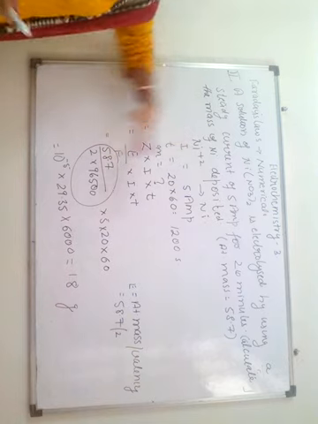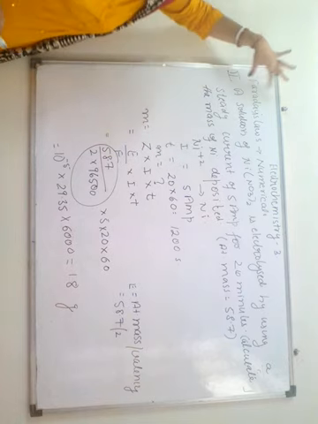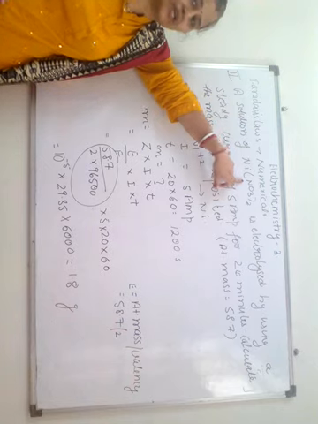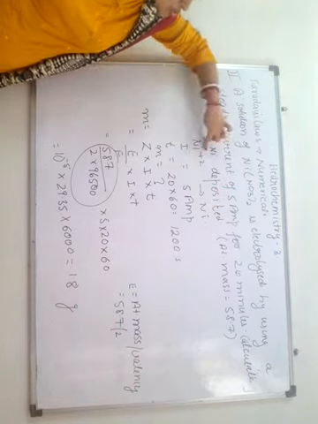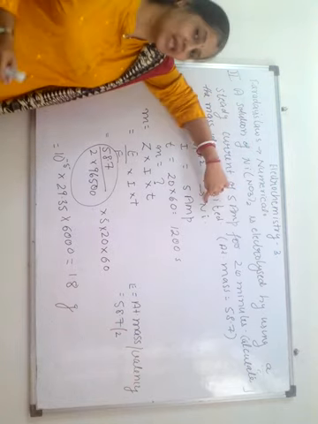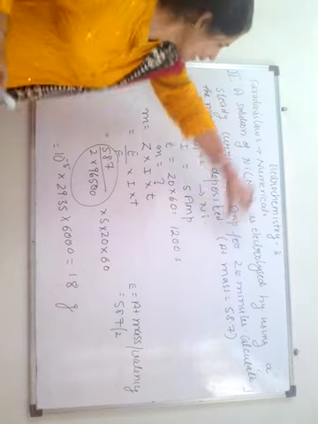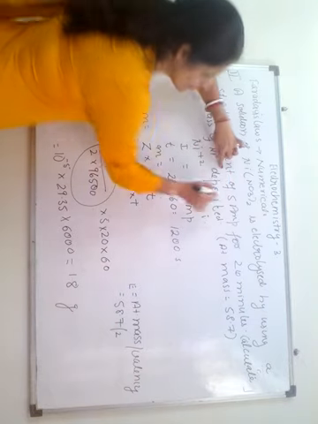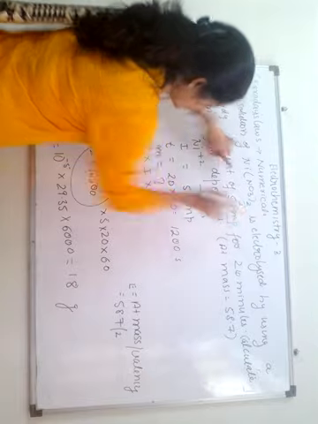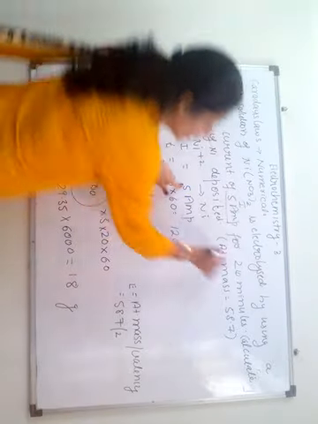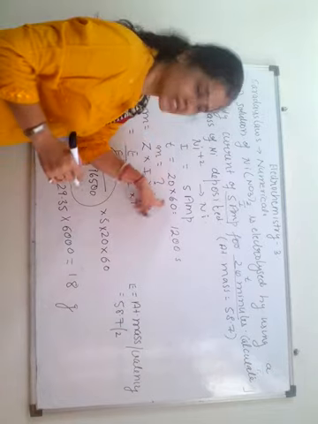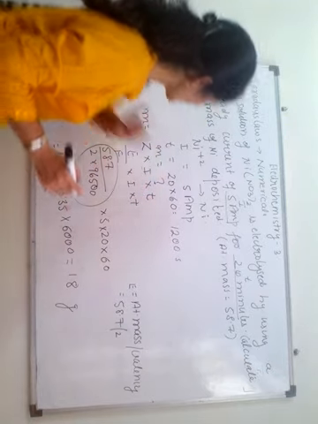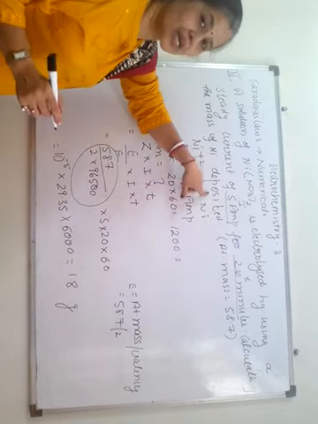Just a quick revision. A solution of nickel nitrate is electrolyzed. So Ni plus 2 is converted to nickel. Nickel is getting deposited by using a current of 5 ampere. This is I is 5 ampere. Time 20 minutes, in seconds 1200 seconds. Calculate the mass of nickel deposited.